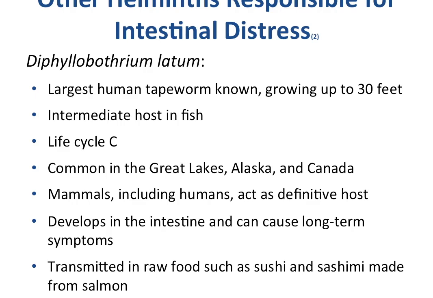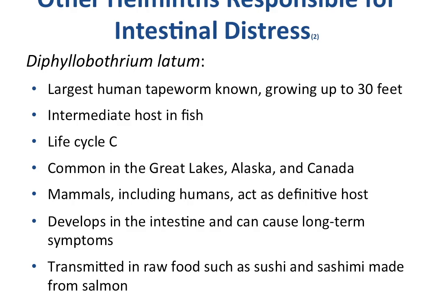Then let's talk about Diphyllobothrium latum. This is the largest human tapeworm. It can be 30 feet. This is cycle C left there. This is common in the Great Lakes, Alaska, and Canada.